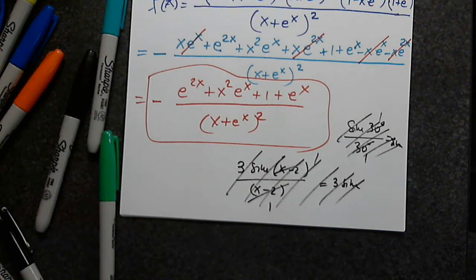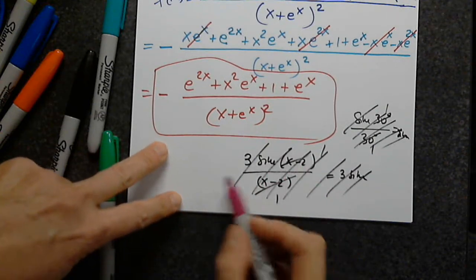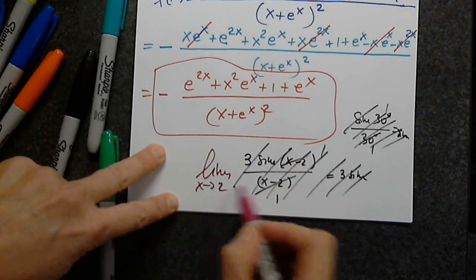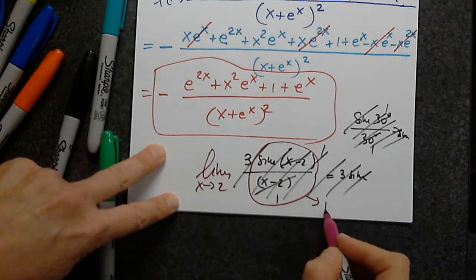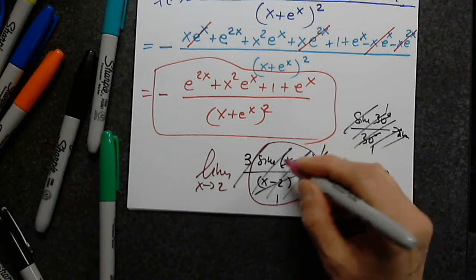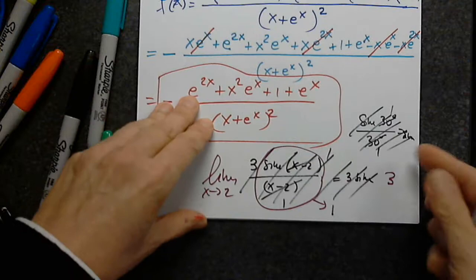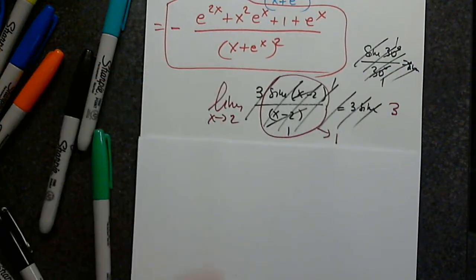The problem is just 3, so with a limit in front, as x approaches 2, this will approach 1 and the answer will be 3. But we cannot simplify a portion of a function or an argument inside a function with something outside. I don't know why this came back to me right this moment. I apologize, but I wanted to mention that.